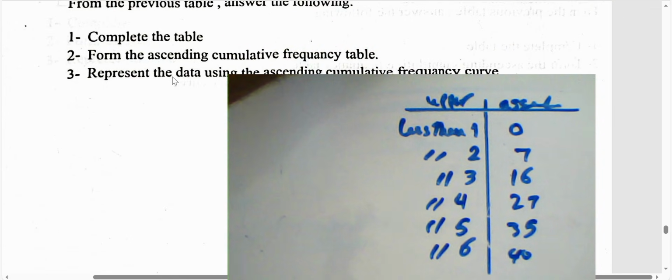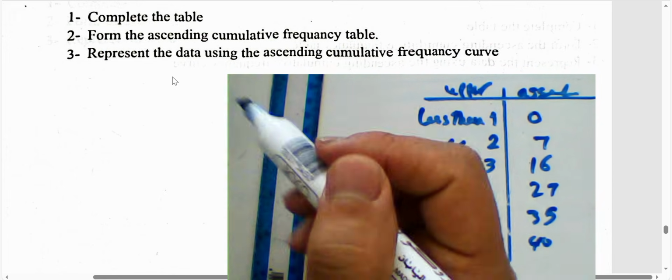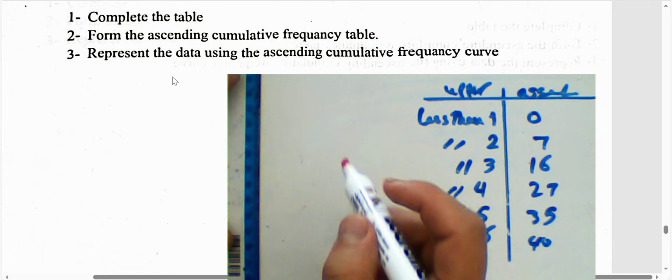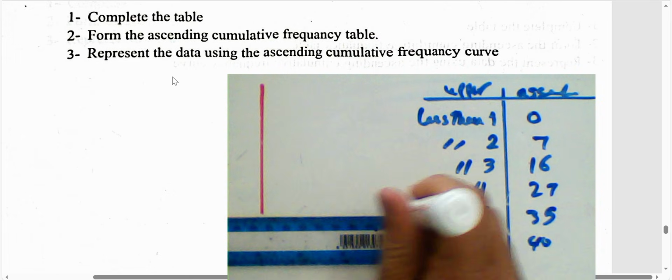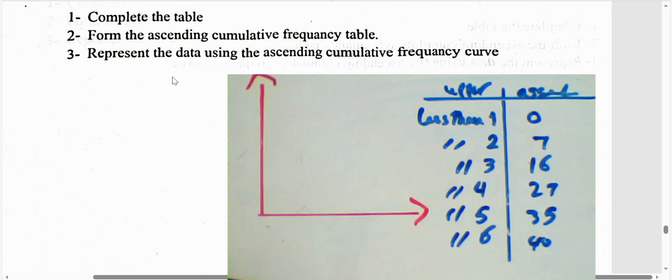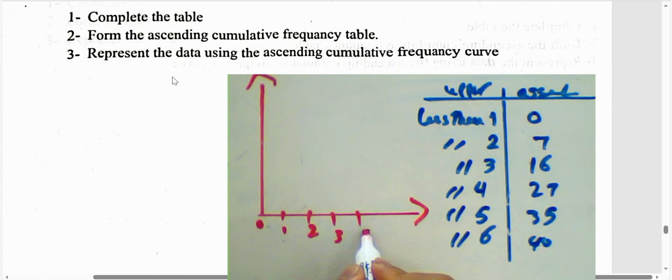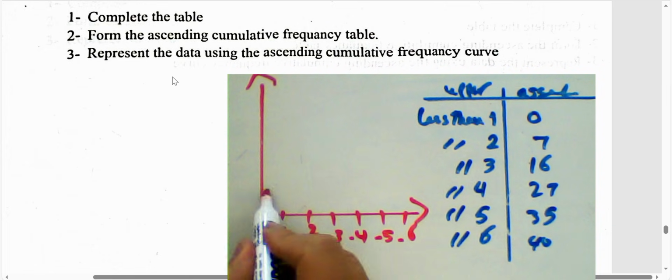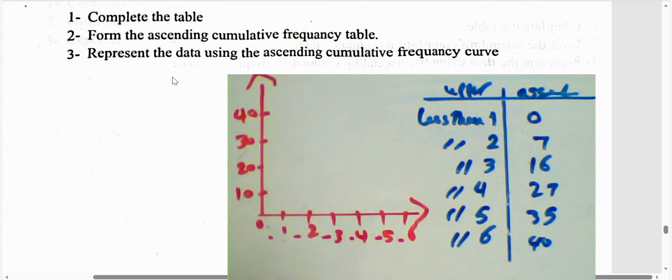And then we can draw the data using ascending cumulative frequency. Draw vertical and horizontal axes, and then there is a curve. Okay, first like this, it's vertical and horizontal. We have 0 in the first interval, 1, 2, 3, 4, 5, and 6. 10, 20, 30, and 40.